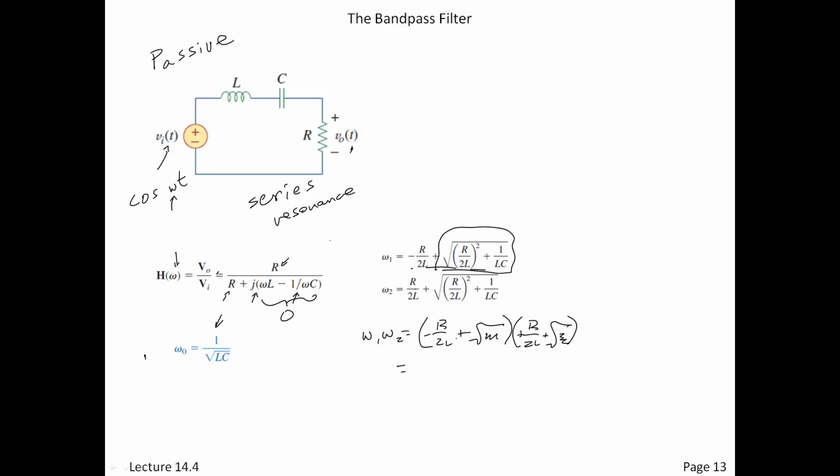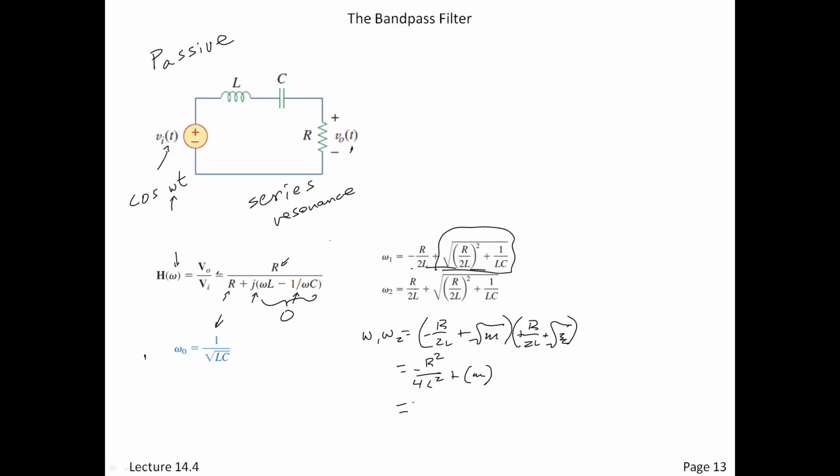And this will be, if we take the front end, minus R squared over 4L squared. And then plus this square root of something squared, so that's just going to be the something. And this something is what's inside here, of course. And then we've got R times minus R over 2L times that and plus R. So it will just come down to this, right? And if I look at that and say, well, what is this?